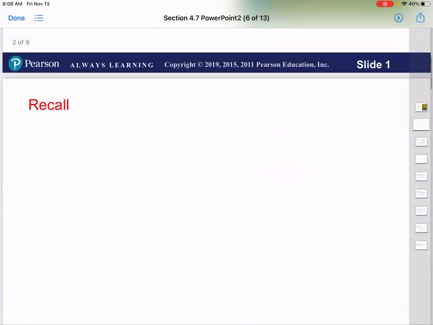So let me remind you, or evaluate the limits. Number one, say limit as x approaches 1 of x squared minus x divided by x squared minus 1.